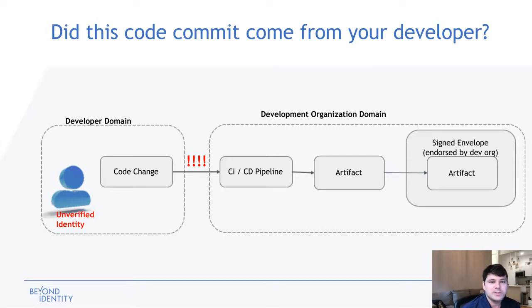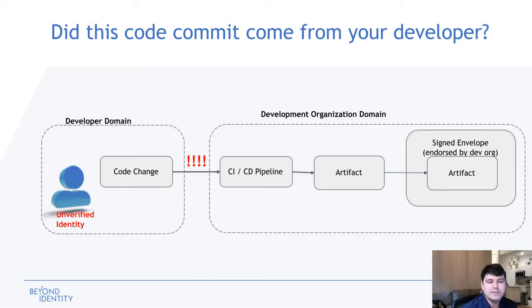That code change is pushed up to an organization's CI/CD pipeline. That pipeline does things like lint code, execute unit tests, integration tests, scan for vulnerabilities, and when all of the checks pass in the pipeline, a software artifact is produced and can now be distributed via an app store, downloads page, or FTP.